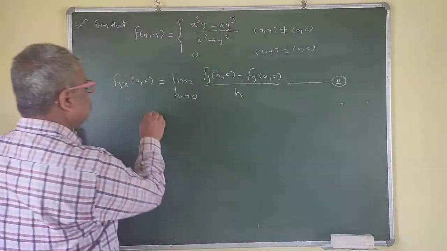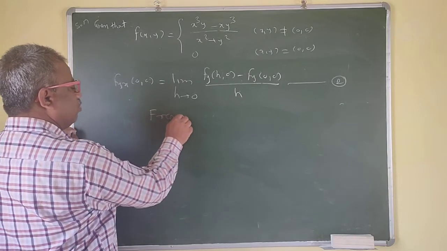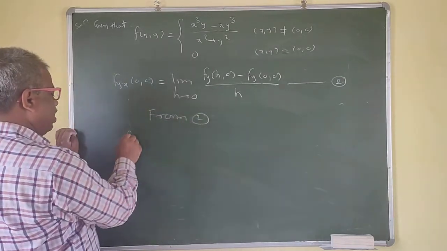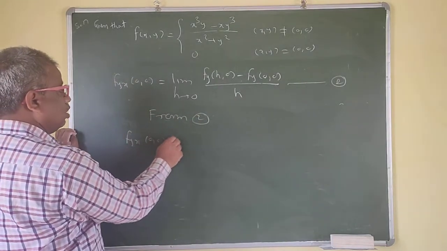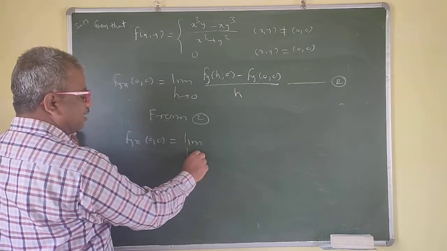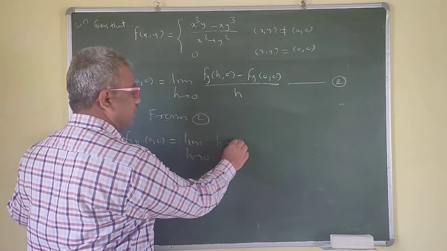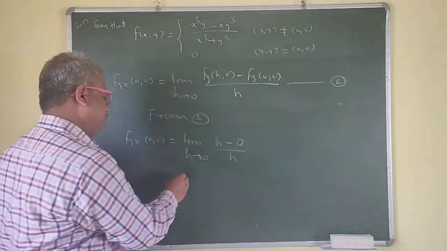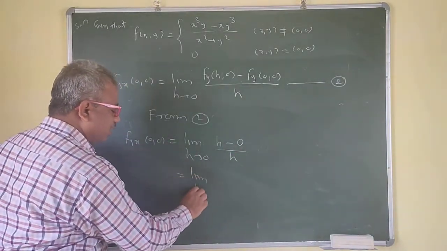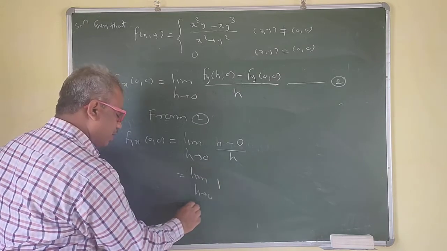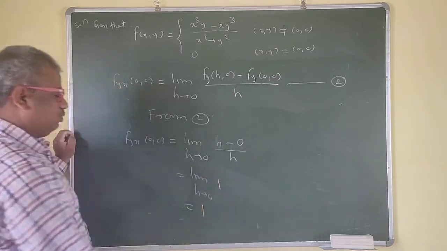So from 2, fyx(0,0) is equal to limit h tends to 0. What is the value of this one? It is h minus 0 upon h. So this is limit h tends to 0 of 1, and limit of a constant is constant.